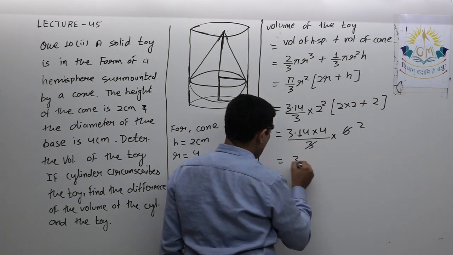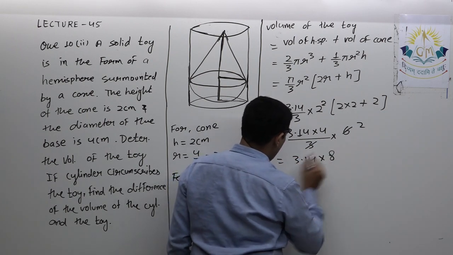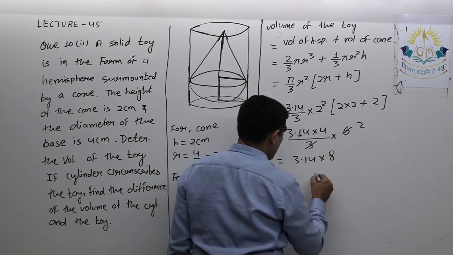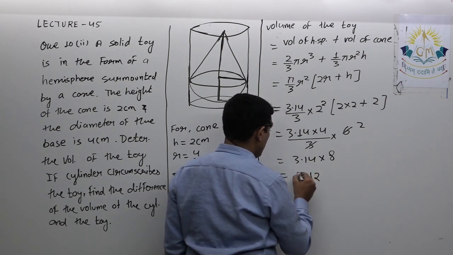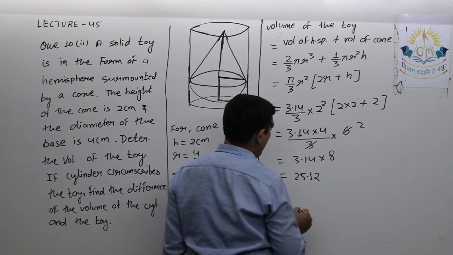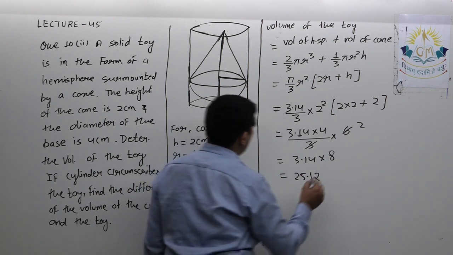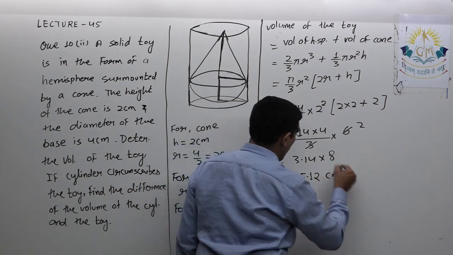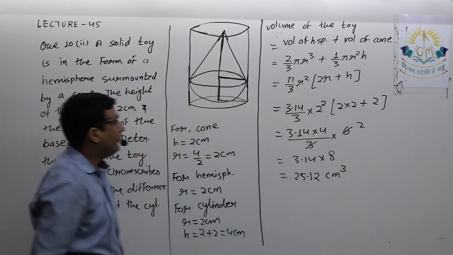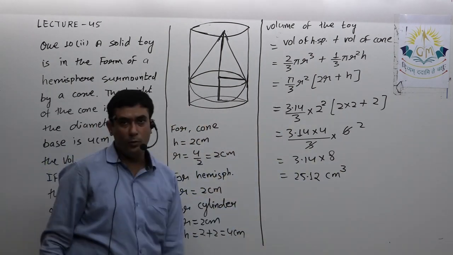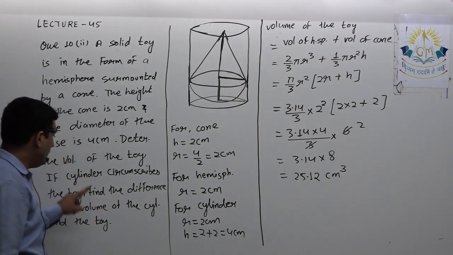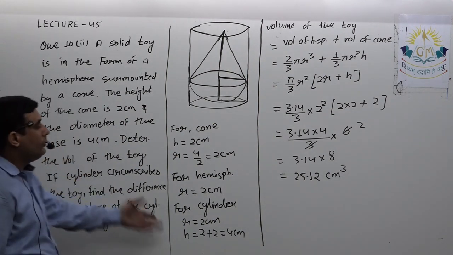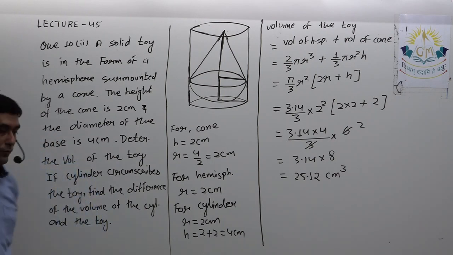So 3.14 multiplied by 8 is 25.12 centimeter cube, because it's volume. This is the volume of the toy, that is volume of hemisphere plus volume of cone. So note it down. Then find the volume of the cylinder, and then we'll find the difference.